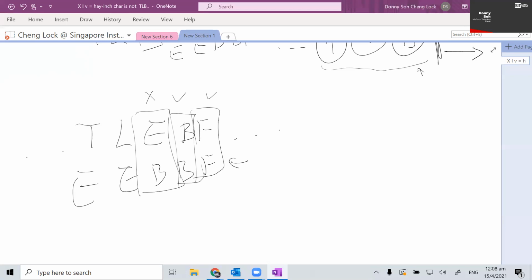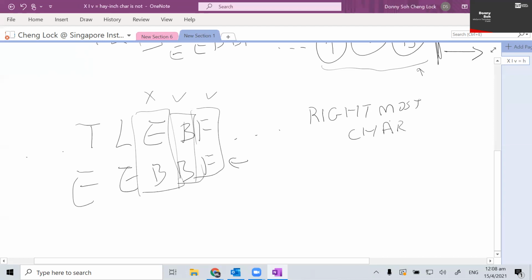We would try to match it with the, remember, the rightmost character. This is important. So in this case, the mismatch character is E.